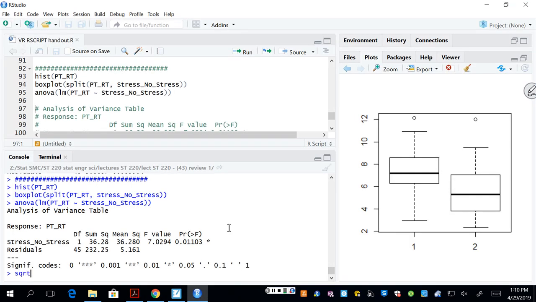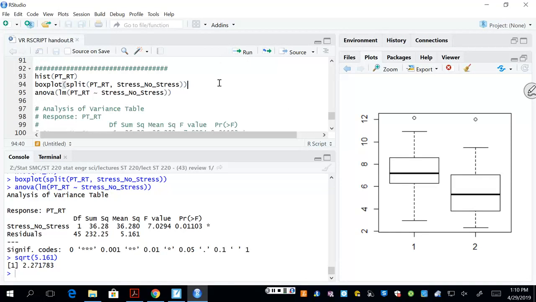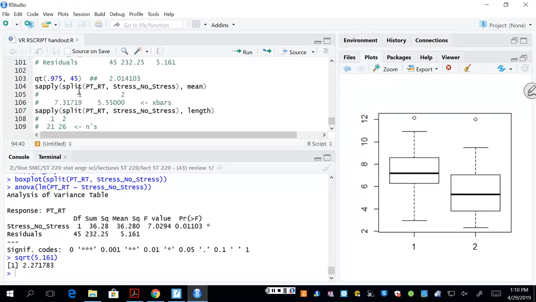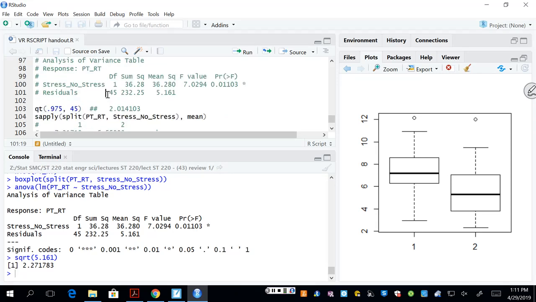The averages of the two groups are 7.31 and 5.55. There's 21 in one group, 26 in the other. If we have 45 degrees of freedom, like we do here for this response, the 97.5 value for that t distribution is 2.014.